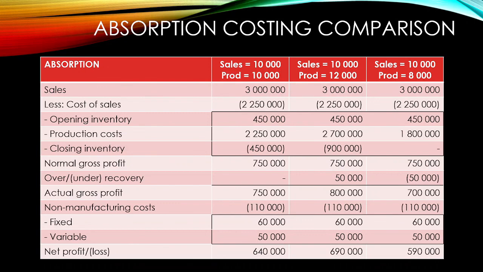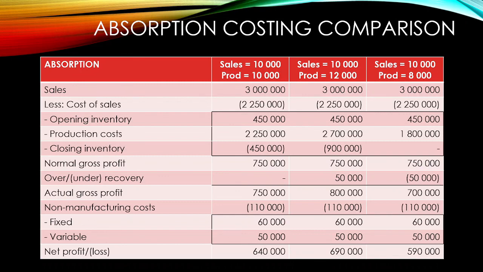Now, under each example, we saw how profits differed between absorption and variable costing. If we just look at the absorption costing statements, we see that although sales has remained constant, our net profit has changed. This is driven by the changes in the production levels and the impact through the under or over recovery.